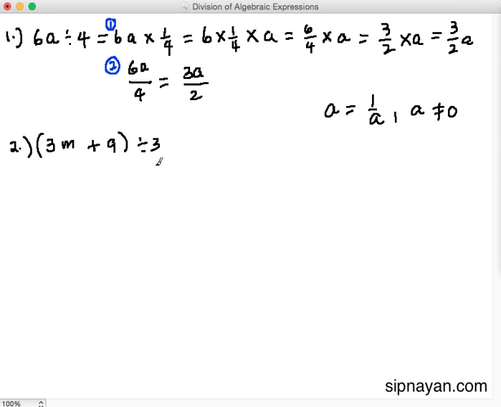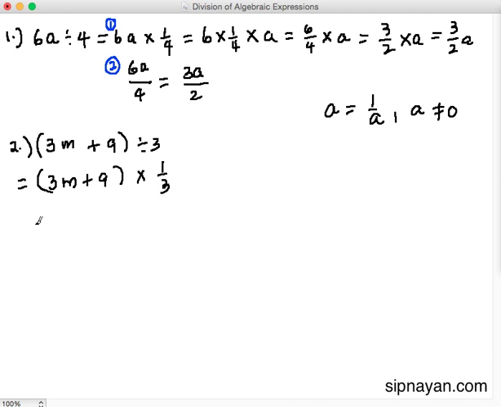At sabi natin, pag nag-divide tayo ng number by a certain number, it's the same as multiplying that number, or this expression, by the reciprocal of that number. No? So, pwede nating gawing multiplication and then reciprocal, magiging 3m plus 9 times 1/3, no?